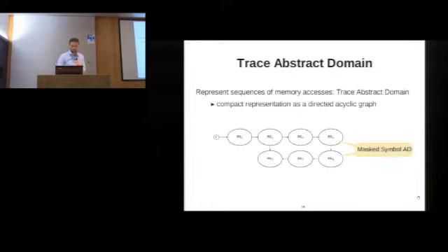So in each node of the graph, we have an element from our masked symbol domain. And the idea here is that the graph is going to over-approximate the paths in the execution, and the masked symbols are going to over-approximate the accesses at each point of the computation.